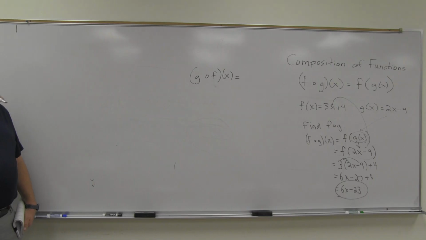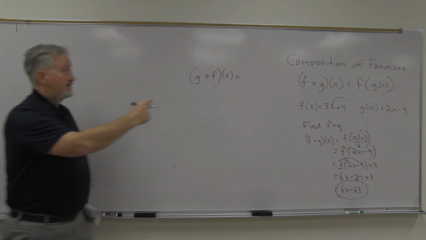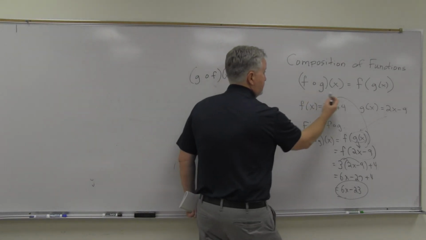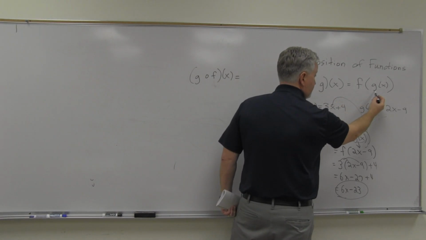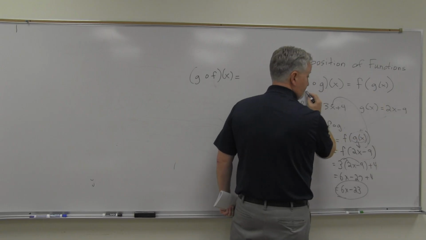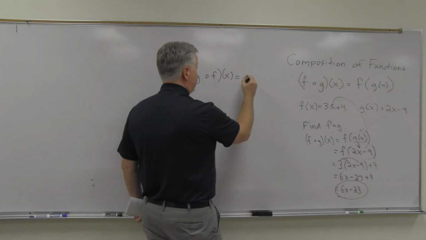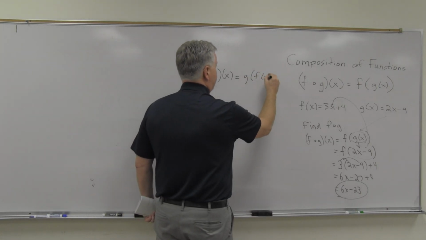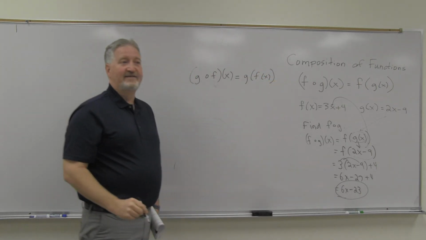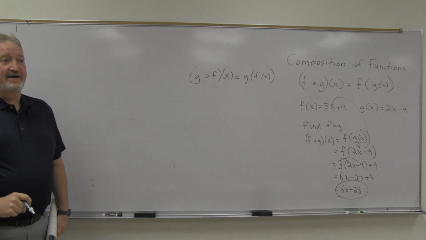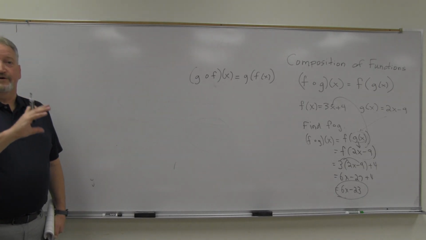Because the way I look at it is, you leave it in the same order that it's showing. Here, f circle g, so it's f and then g. F on the left, g on the right. Here we've got g on the left, f on the right, so you leave that the same. You with me? See that? So you leave them in the same order.